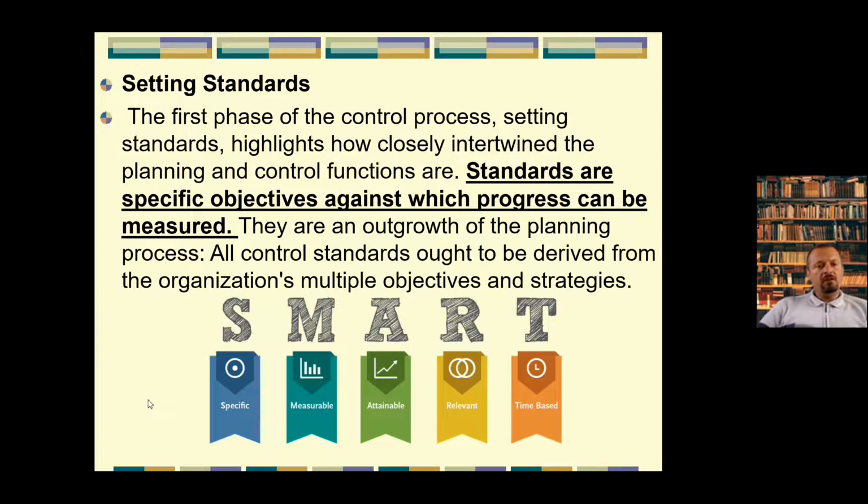So when the objective is specific, measurable, attainable, relevant, and time-based, it is possible to use this objective in future. Because if the objective doesn't have these characteristics, it's not possible to use it in managerial activities.